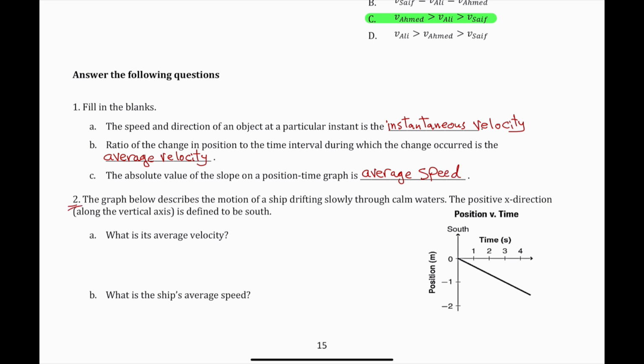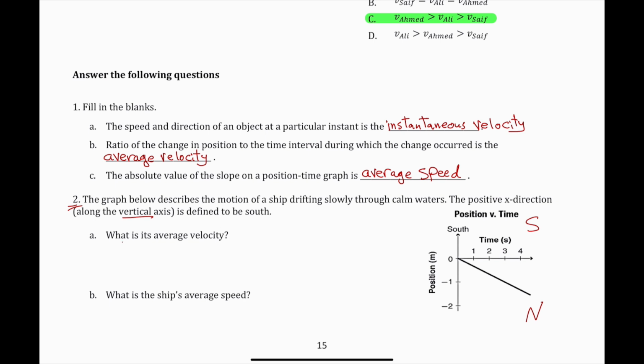2. The graph below describes the motion of a ship drifting slowly through calm waters. The positive x direction along the vertical axis is defined to be south. So here we have south and here we have north.